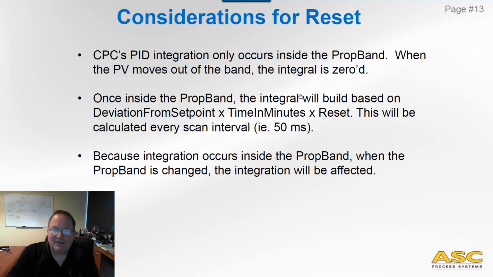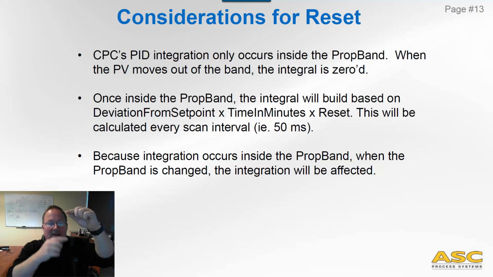Once inside the proportional band, the integral will build up or build down based on the calculation: deviation from set point times time in minutes times the reset value. This will be calculated every scan interval. Because integration occurs inside the proportional band, when the proportional band is changed, meaning you resize it, this will affect the amount of integral that gets built up.